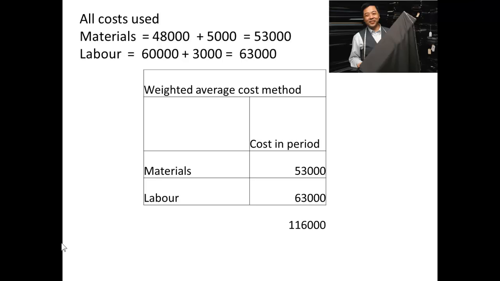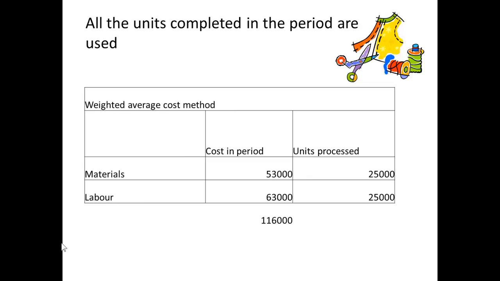So all costs, 48,000 plus 5,000 for materials, 60,000 plus 3,000 for labour, gives 116,000. So all the units completed are, for cost in period on the weighted average, 116,000 for the costs in the period, for materials 63,000 for labour. Right, the units processed 25,000 for materials, 25,000 for labour.